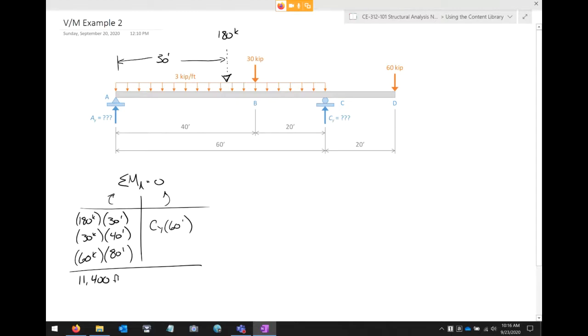Those units are foot kips. And that equals CY times 60 feet. So CY equals what? What's 11,400 divided by 60? It is positive 190.